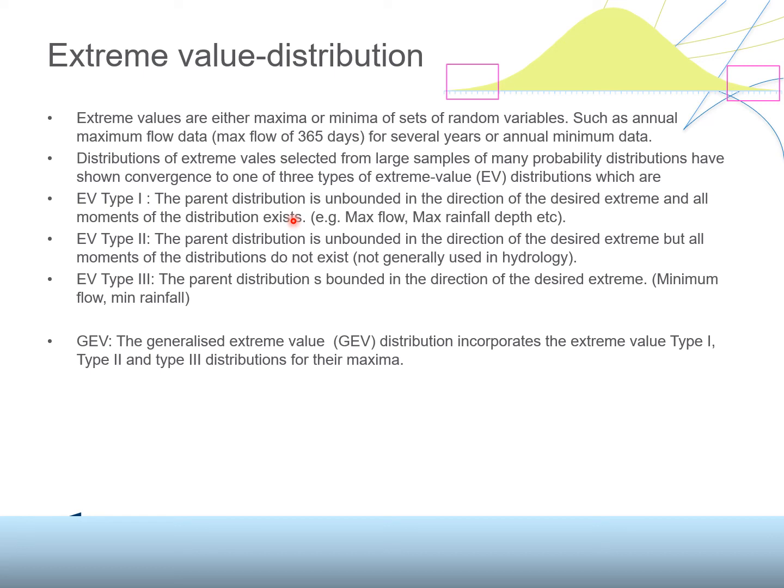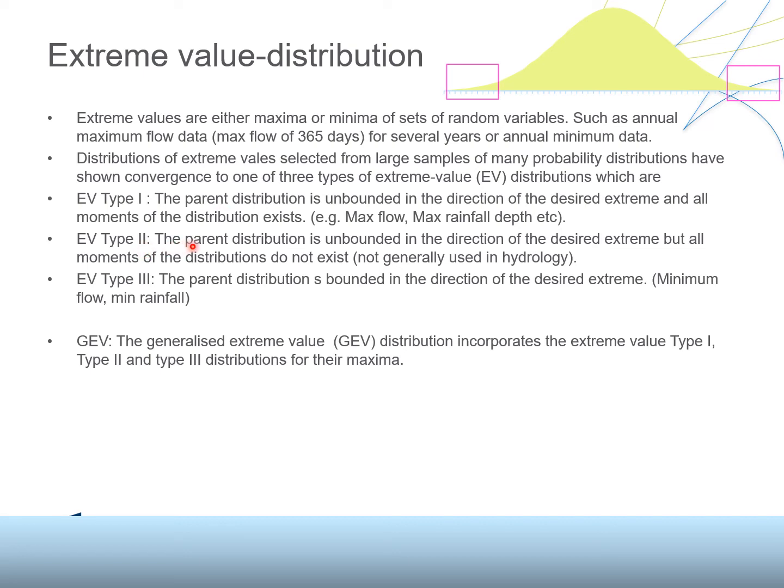We can't say that at a stream it can be only 30 meter cube per second, and it can never go above that. So there is no upper bound, and in those situations we use extreme value type 1. Similarly, with maximum rainfall, we use this extreme value type 1 distribution.